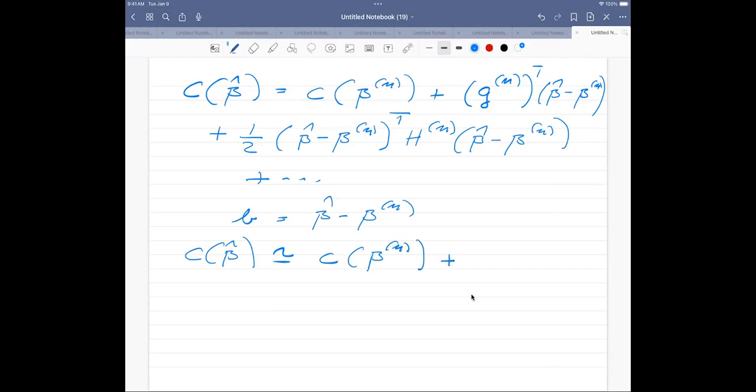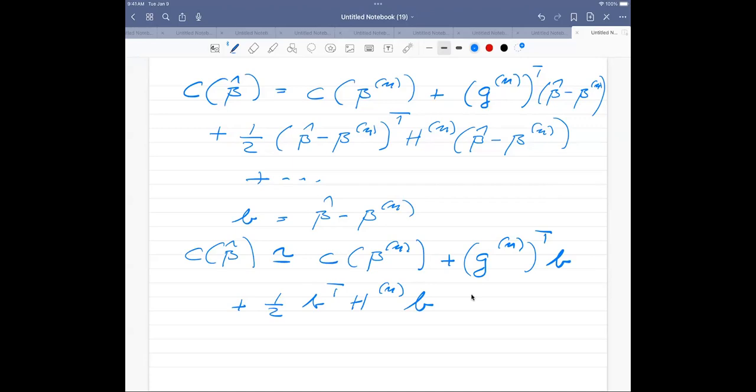And this contains G of n, transposed, multiplied with a vector B, plus 1/2 of B transposed H of n, multiplied with B. And then we stop at the second derivative.